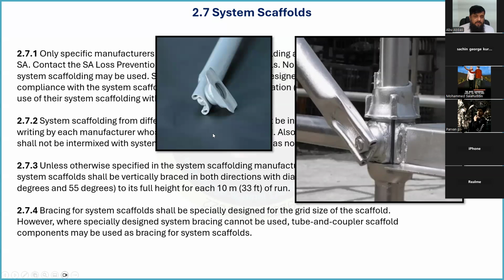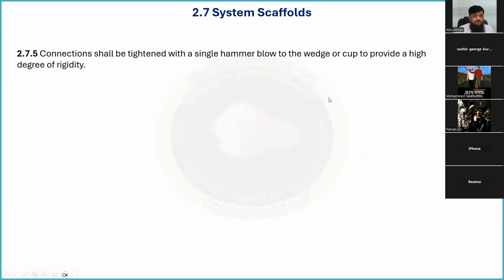If we cannot, then we go with the tube and coupler bracing, that is acceptable. As I said, ladder support, drop bars, we use also. Similarly, to hold the tag, in some cases we also use it, because the tag has to be through a permanent member of the scaffold, then again we use the system scaffold.